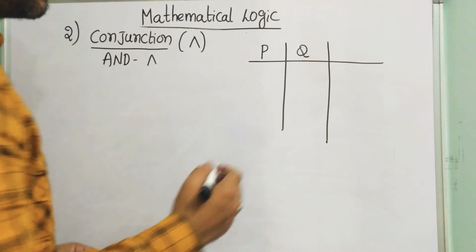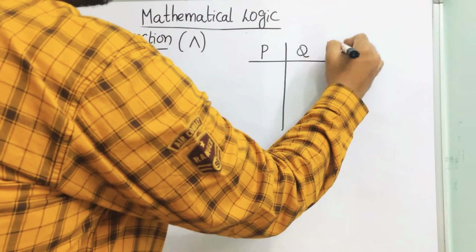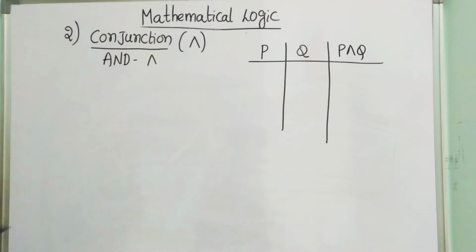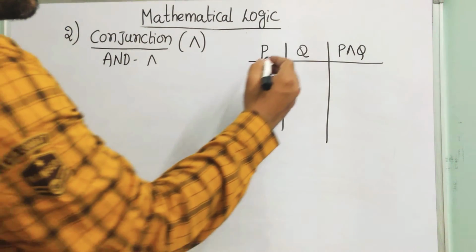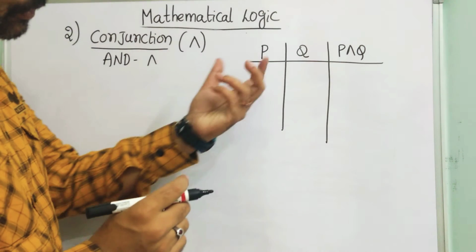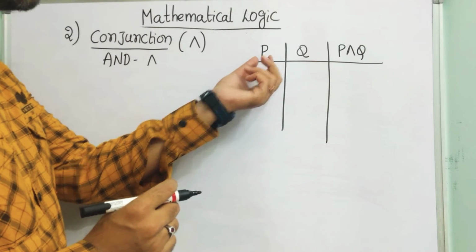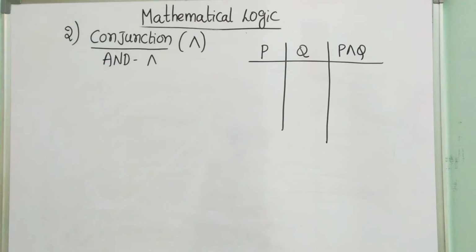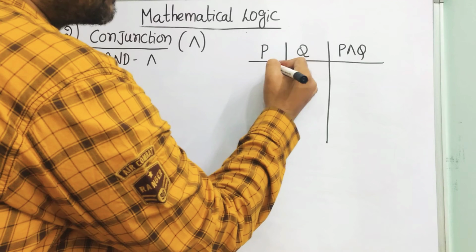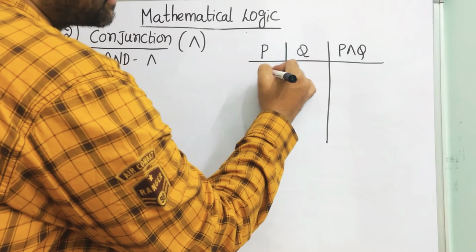In this case, if you are applying the P and Q operation, then there are two possibilities. Okay, there are two statements. One is P, the other one is Q. So we will have 2 power 2 possibilities, indicated with the help of true and false, right?